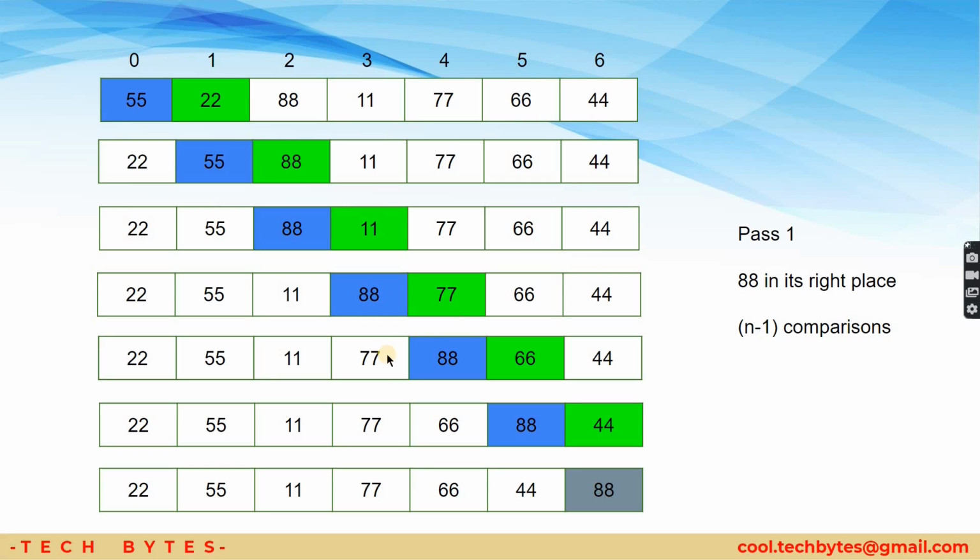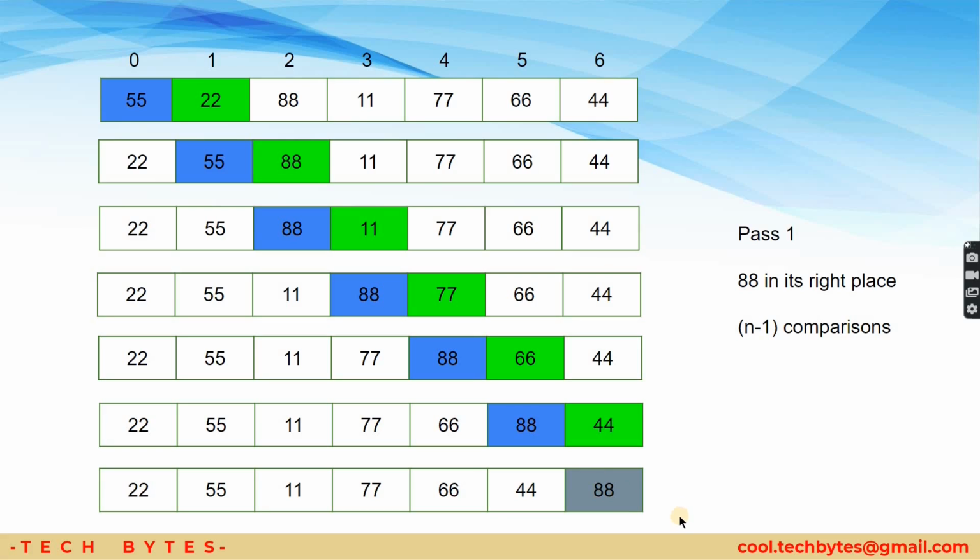Swap is necessary, yes, it swapped the elements. Next, it compares 88 with 66. Swap is necessary, so it swaps 66 and 88. Then in the next step, it compares 88 with 44. Swap is necessary. 44 comes to the fifth position and 88 comes to the sixth position.